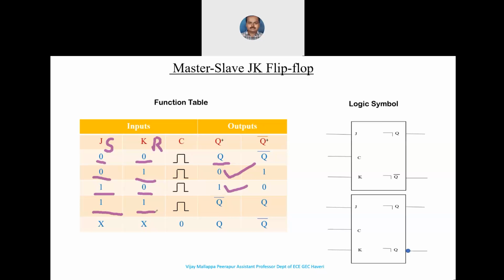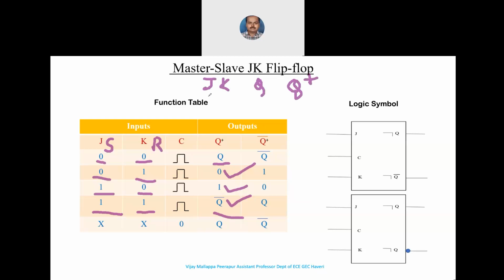But in the JK flip-flop, we have a defined state. What it says is that when both J and K are 1, the next state is nothing but the complement of the previous state. Assume that this is the previous state, and this is the next state, and we have J and K here.